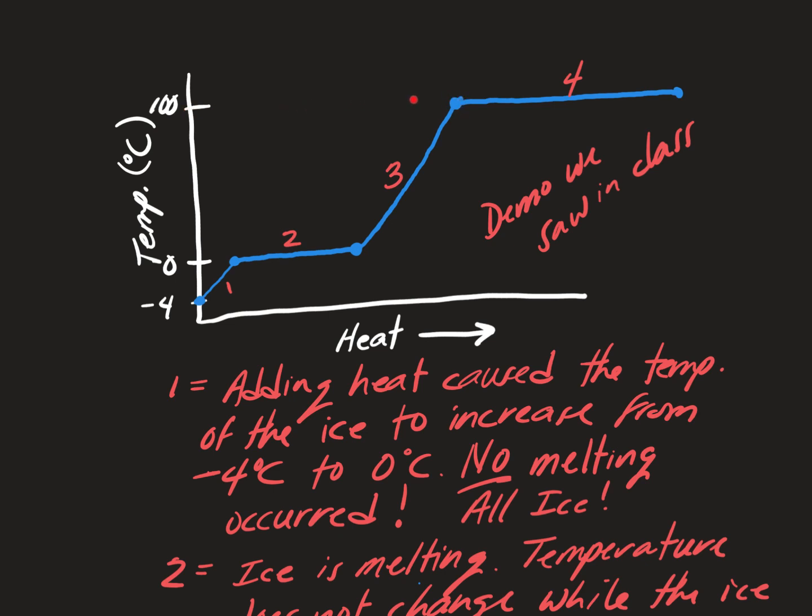This is the boiling point of water, 100 degrees Celsius. Here we are, all liquid water, and now we start seeing bubbles forming in the water, and it starts to boil vigorously. And we're adding a lot of heat energy. Heat energy is added. The temperature is not changing. Okay? And then the bell rang, and then we were done. But this is what we saw in class.